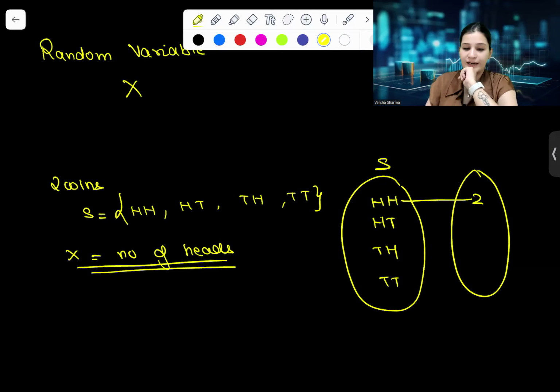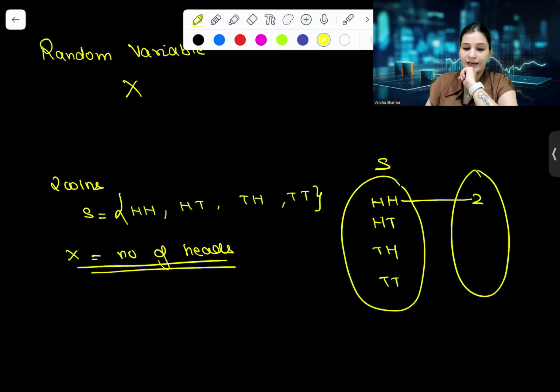So variance and standard deviation, we know it's a part of dispersion, right? And dispersion values are never negative. So here also standard deviation and variance cannot be negative. Mean can be any number. So in the same example that we did, if I want to find out variance of x, I'll use the formula E of x square minus E of x whole square.